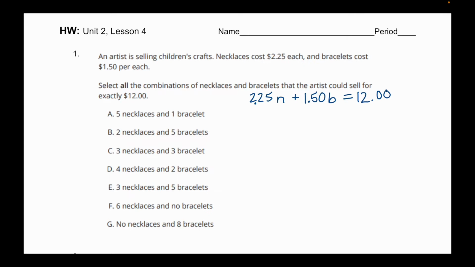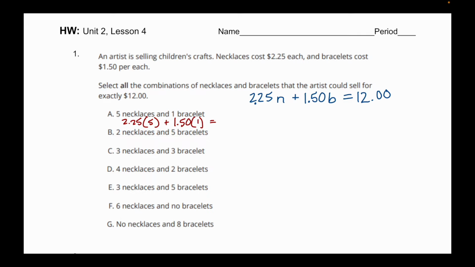So we are literally just going to add these up together and see if we can get $12 with our different combinations. So if we plugged in 5, this would be the same as 2.25 times 5 plus 1.50 times 1, and we're going to add that up and see what we get.